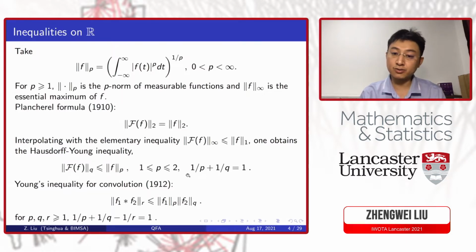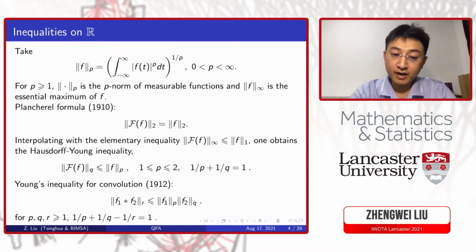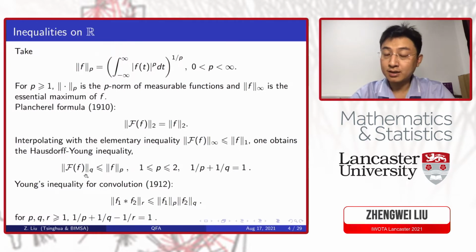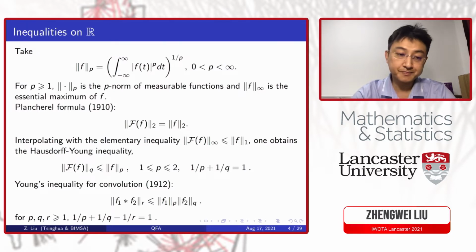So those two numbers are dual to each other. Then we get the inequality: the q-norm of the Fourier transform of f is bounded by the p-norm of f. This is the classical Hausdorff-Young inequality. So in this sense, we want to understand how the p and q norms are bounded under the Fourier transform.